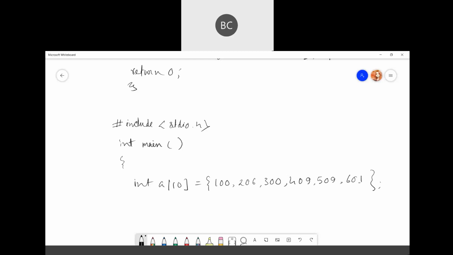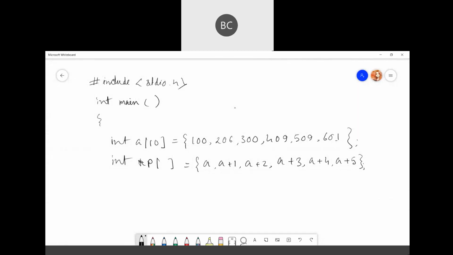Now I'm taking another pointer array, and I'm initializing it with A plus 1, A plus 2, A plus 3, A plus 4, and A plus 5.